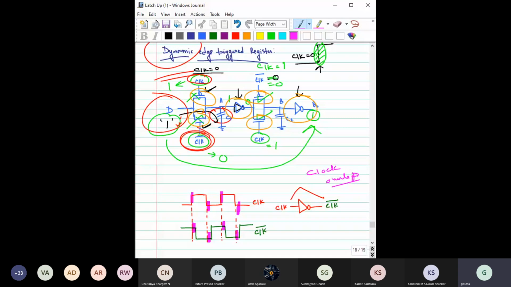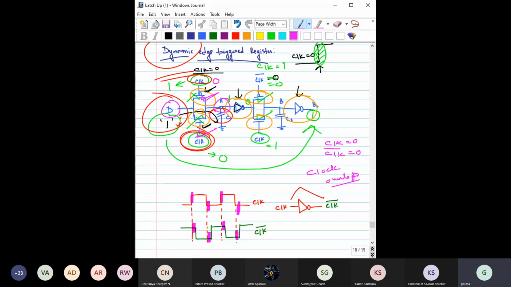If this issue happens, see what is happening here. Consider the 0, 0 case, clock equal to 0 and clock bar equal to 0. So this transistor is on, and we have a direct path from Q to here.